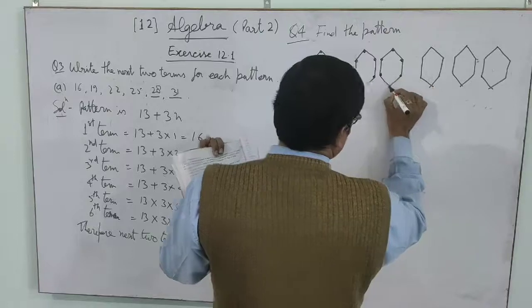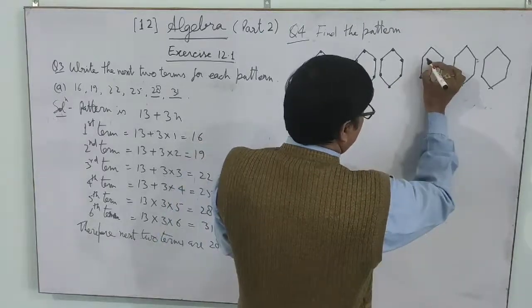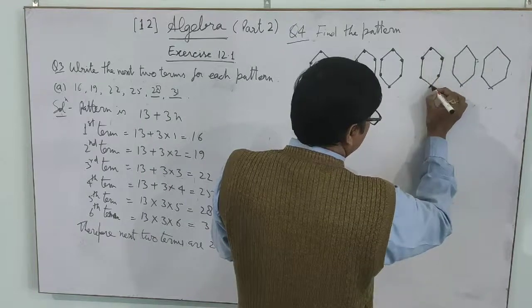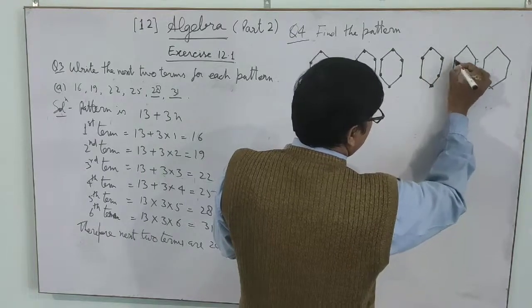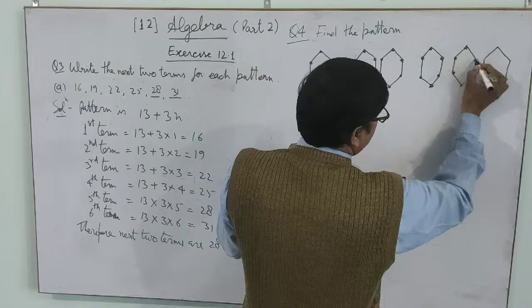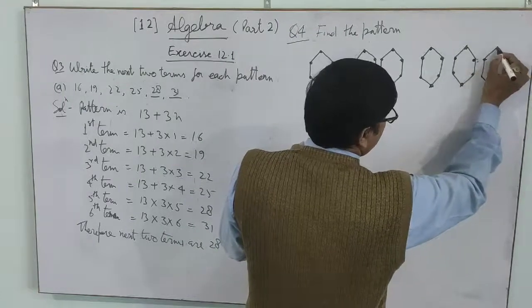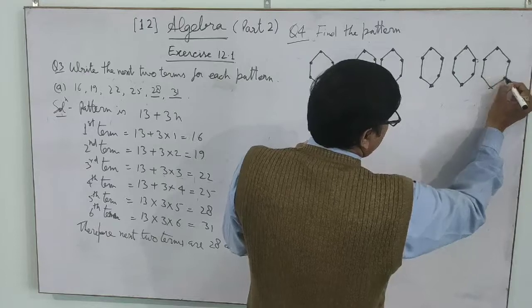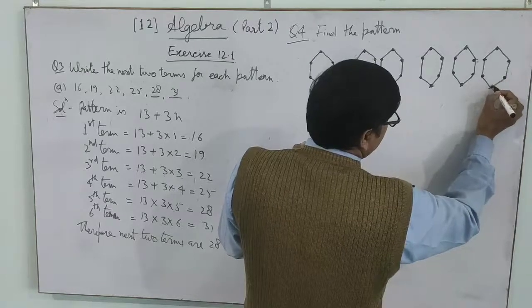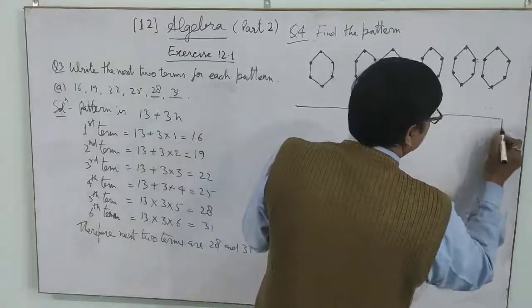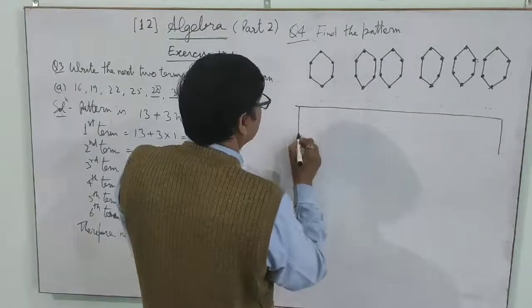All of you can see in your book. In each hexagon, how many matchsticks are used? 6 matchsticks.